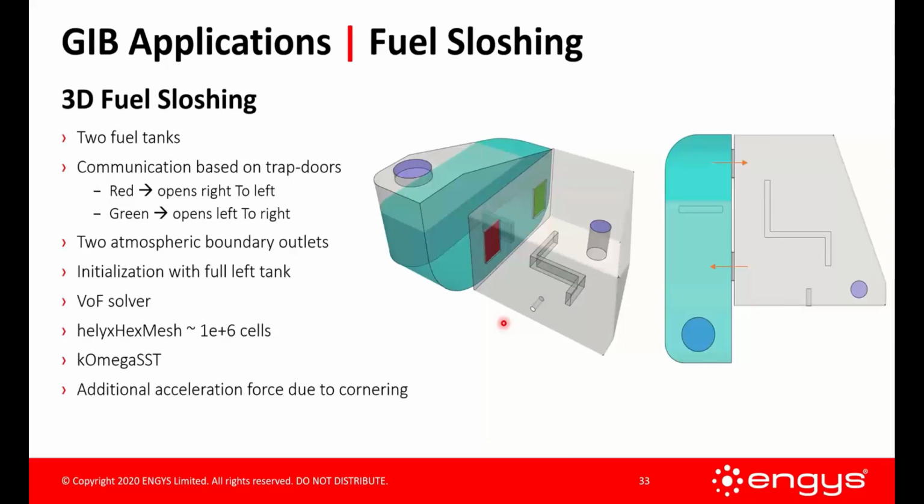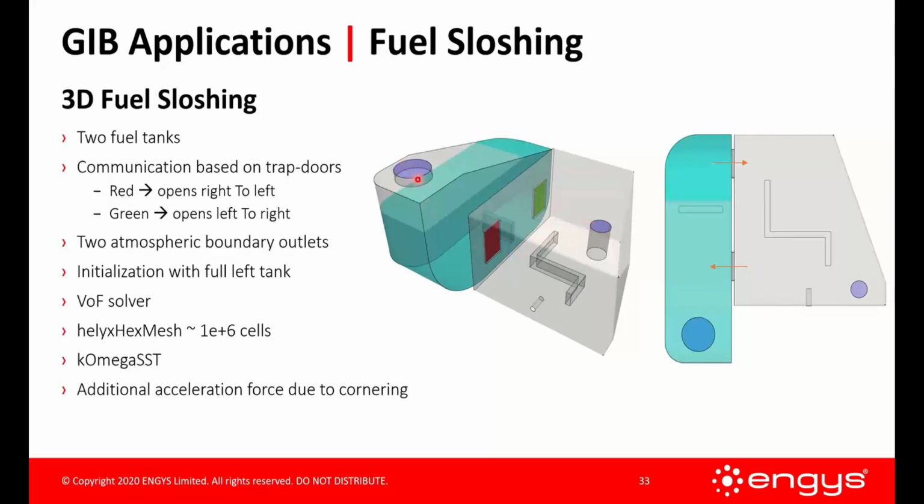Next, we have one of the cooler applications, a Formula One fuel sloshing problem, in which we've got 2 tanks, and there's communication between these 2 tanks, with a red door and a green door. The red door opens from right to left, and the green door opens from left to right.